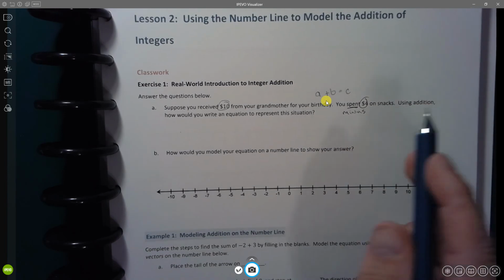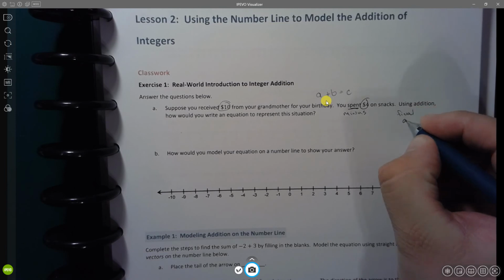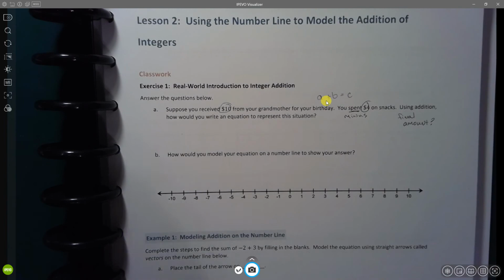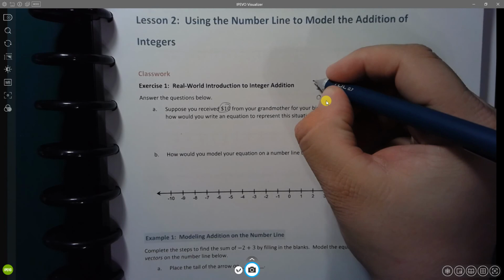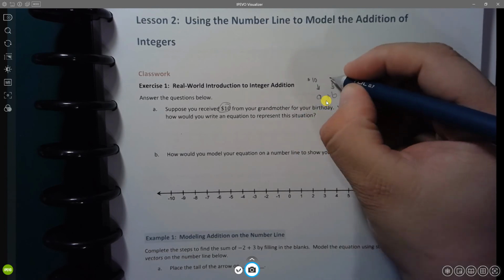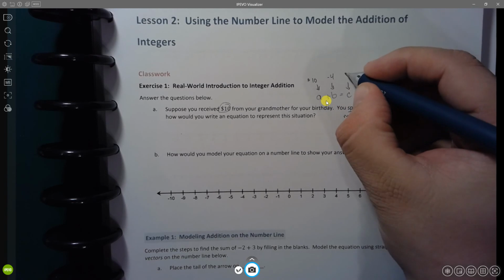But what we don't know is what our final amount is. We don't know this, but we can do everything else together. This is $10, this has got to be a negative $4, and then this is going to be our final amount.